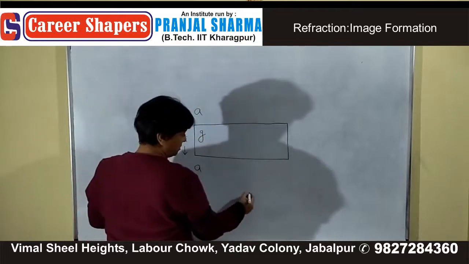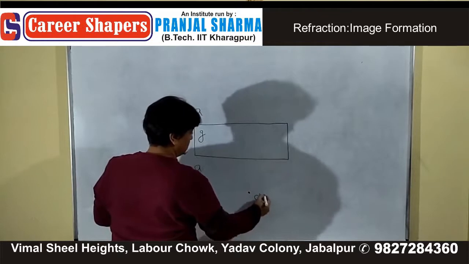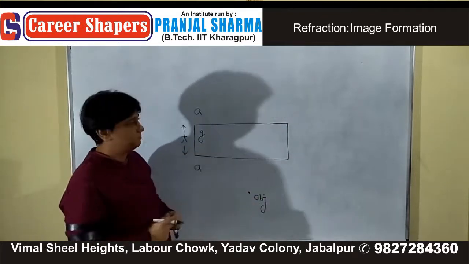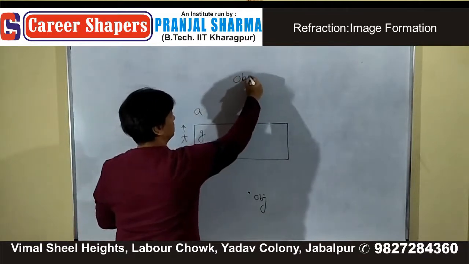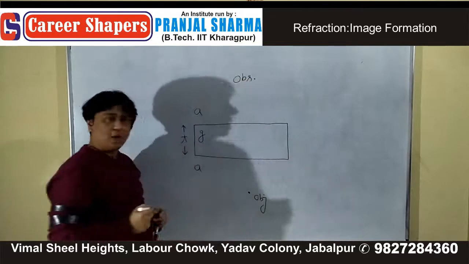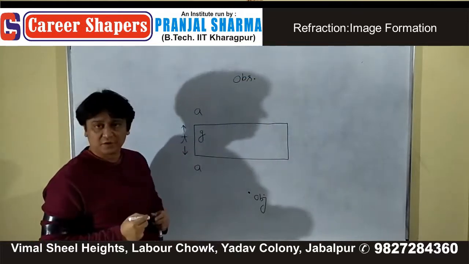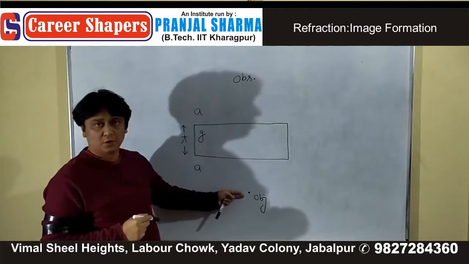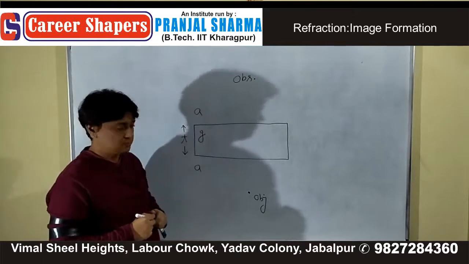There is an object in air under the glass slab, and here lies an observer. Now the question is, what is the shift in the actual position of the object which this observer finds?